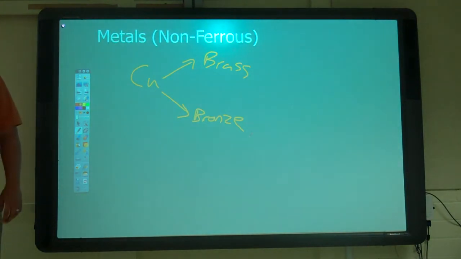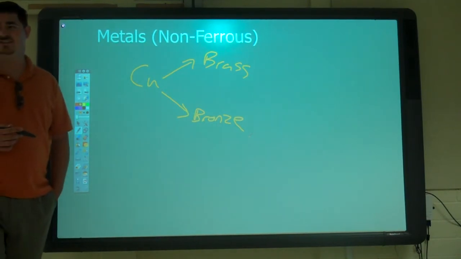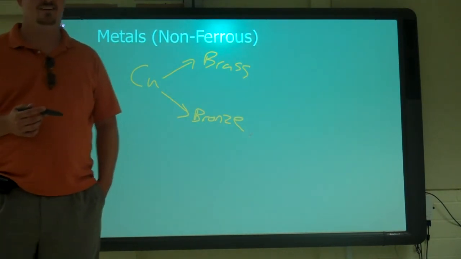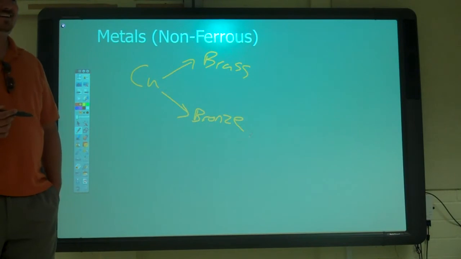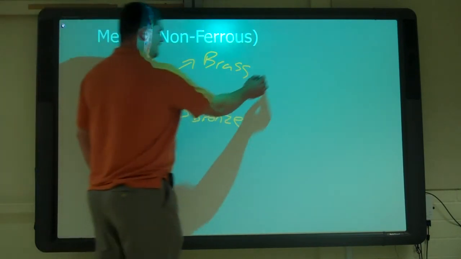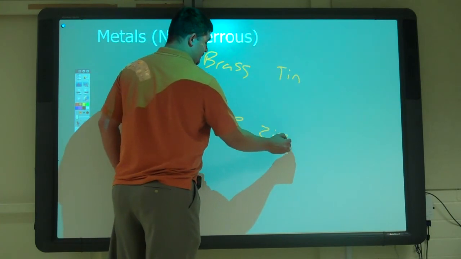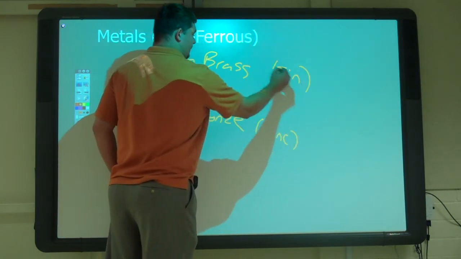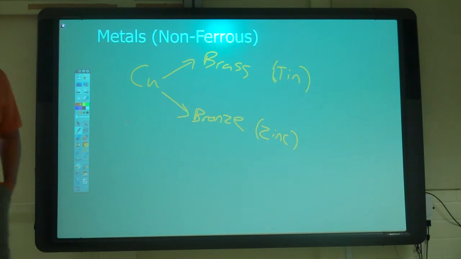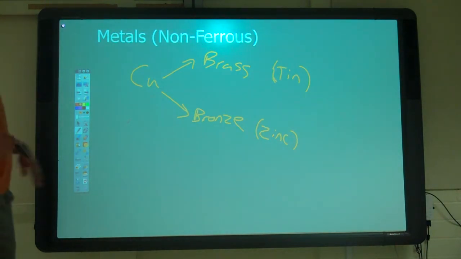What's the difference? Yeah, one has zinc, one has tin. Which one? Brass is tin, bronze is zinc. That's one that I always forget too. But they both start with copper.